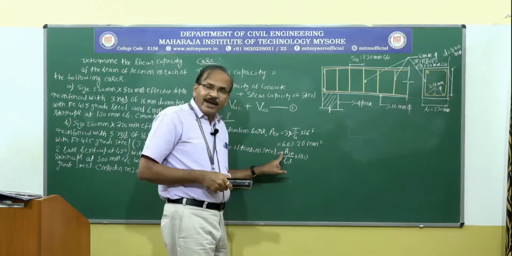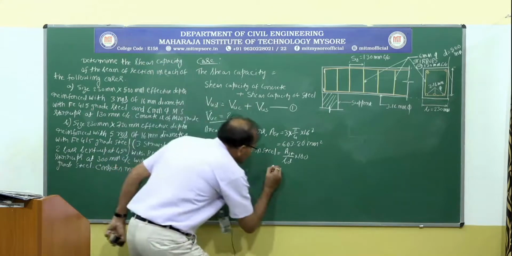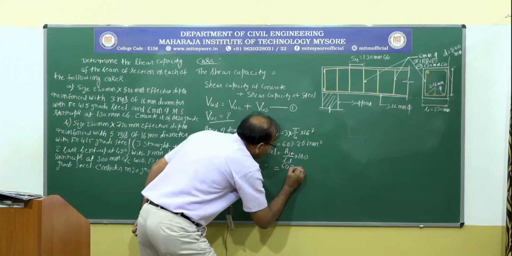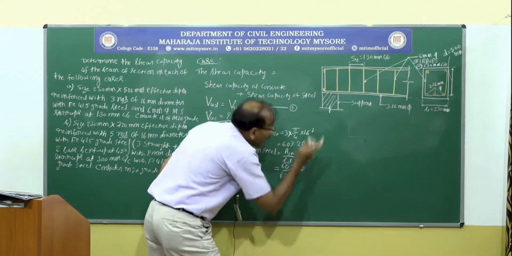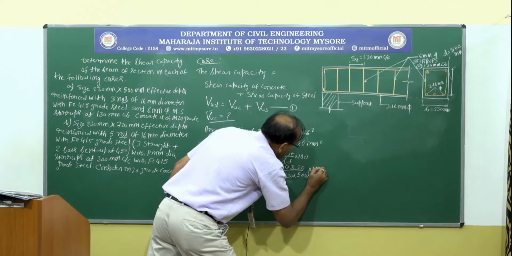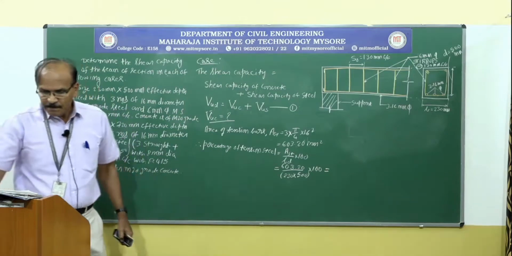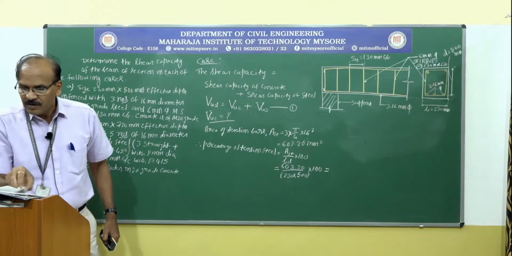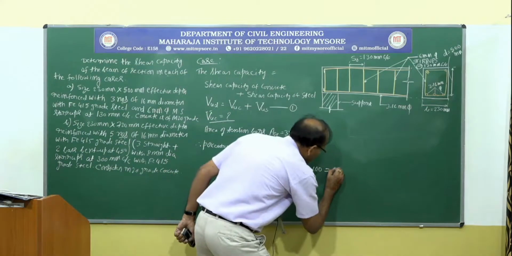Instead, I have called that AST divided by BD multiplied by 100. What is AST? 603.20, and B is 230 and D is 500, multiplied by 100. So what is the percentage of steel? As per the calculation, the percentage of reinforcement is 0.525%.